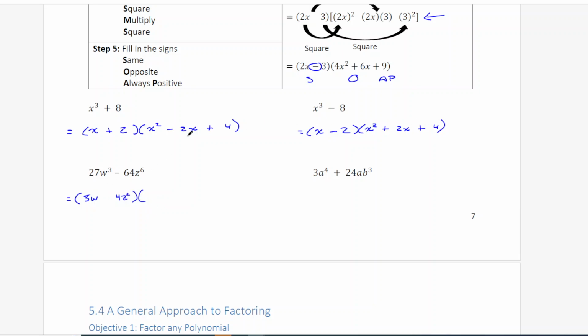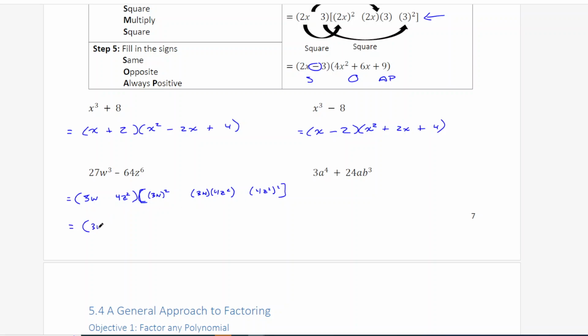Now this one I might show that work. So then in the second bracket, we're going to square the first term. Then we're going to multiply them together. And then we're going to square the last term. Now you can kind of see why the exponent laws stuff came first. Okay, so then what would that look like?